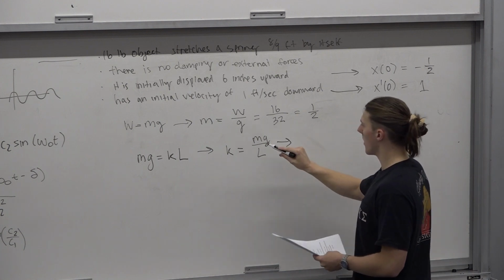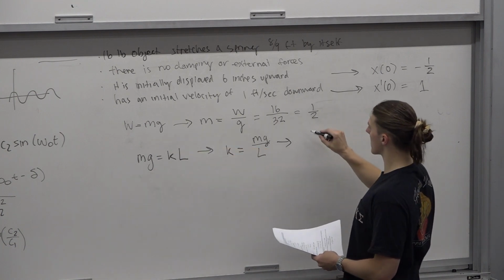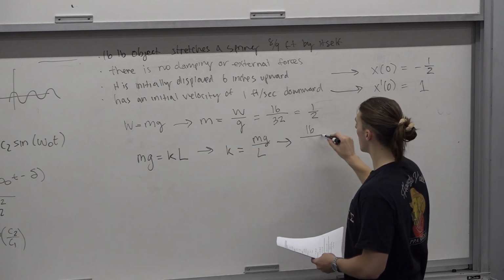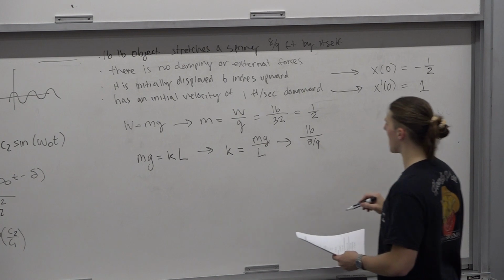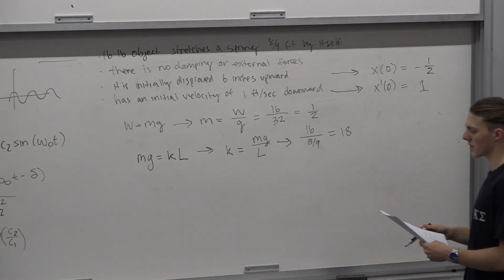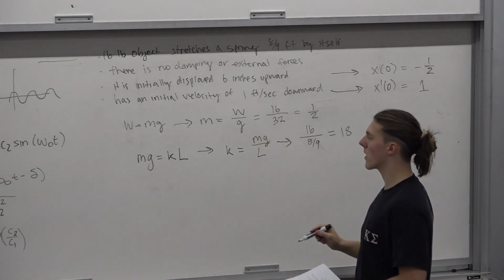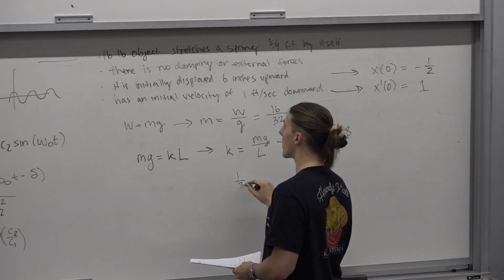So mass times gravity, well, we kind of just did the same thing. It's just equal to your weight, and the length it stretches is 8/9. And this equals 18. So now we can write out our equation from before.